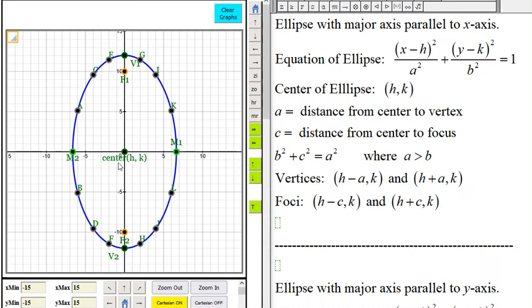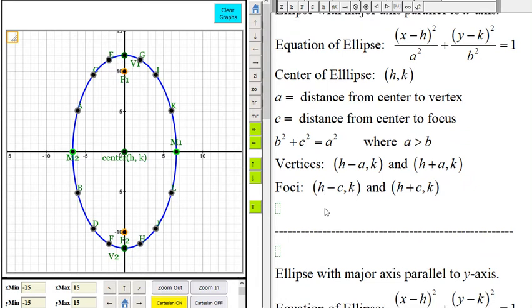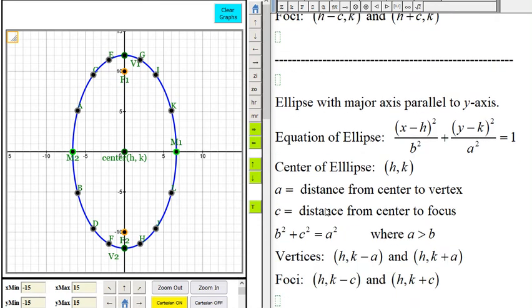The other type of ellipse is where the major axis, once more, the major axis from vertex 1 to vertex 2, is parallel to the y-axis. Then we get this set of equations.